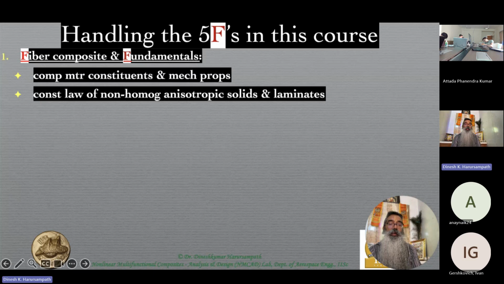The second thing we will deal with in these 2 Fs is the constitutive law. So the constitutive law is essentially a relationship between the stress and the strain. So whenever there is a loading on a structure, be it a flying structure or non-flying structure, any structure, there will be a certain stress and strain that is caused, and they will be distributed throughout the structure. Some portions of it will be probably not stressed or strained at all. There might be certain other portions which are stressed to a small extent.